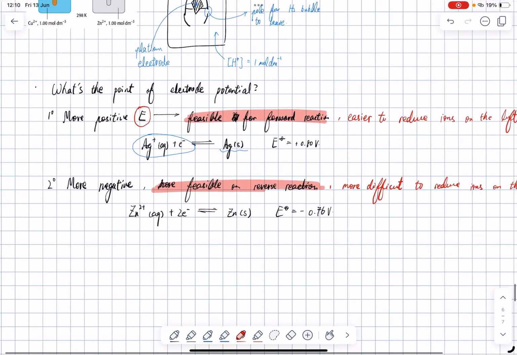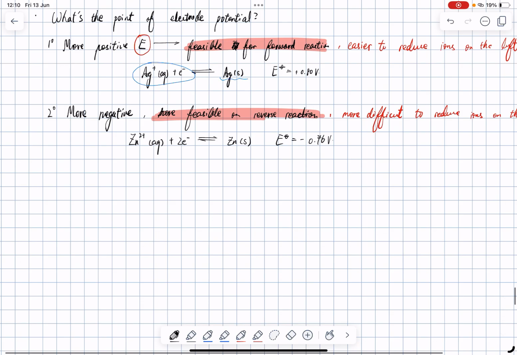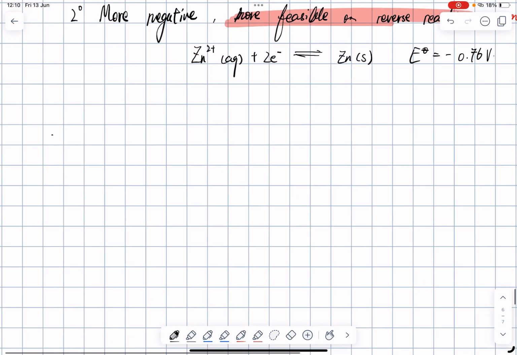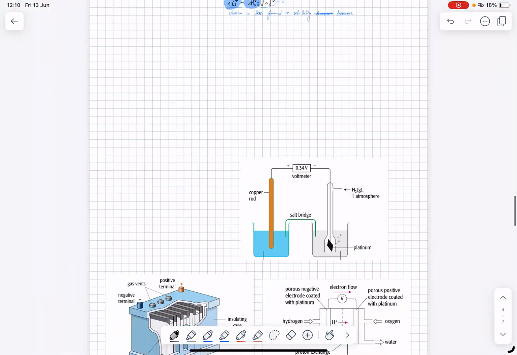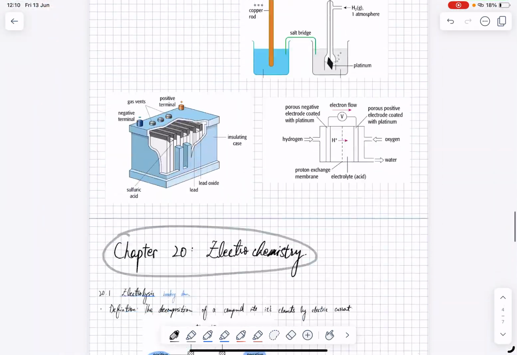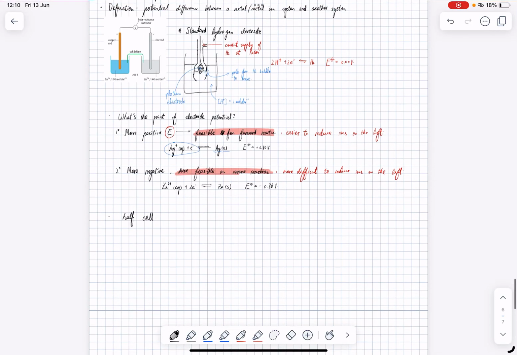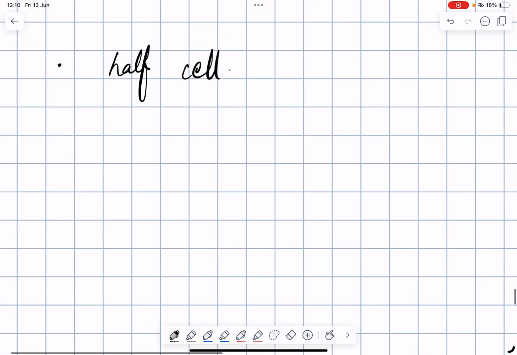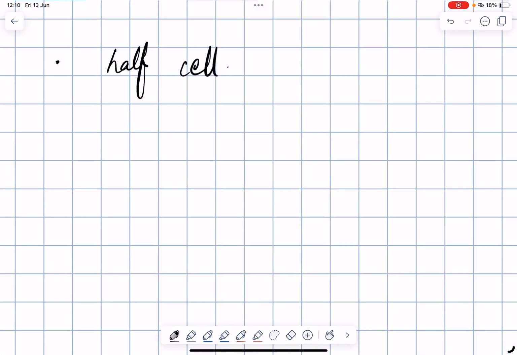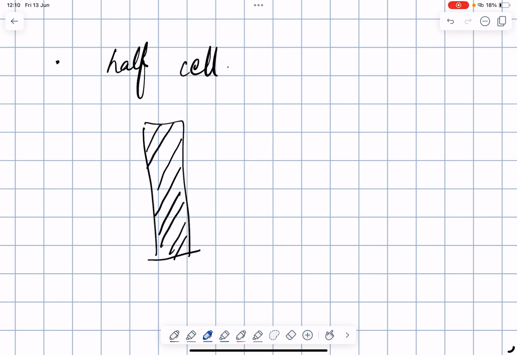Now, you probably heard that I'm saying the word half cell. What's a half cell? Half cell is something like that. I'm too lazy to draw my abstract diagram, and I don't have a screenshot for this, so I'll show you. For example, just assume this is a copper rod. I know this is absurd and ugly.